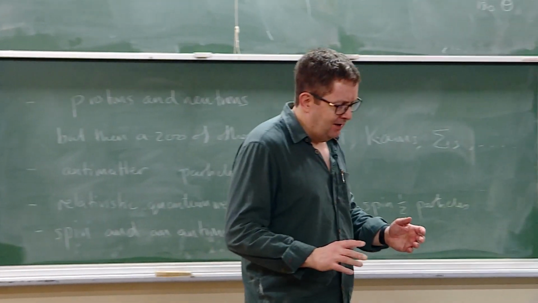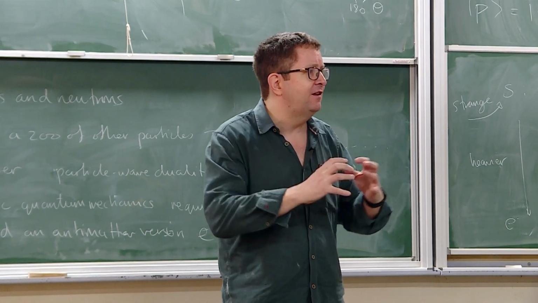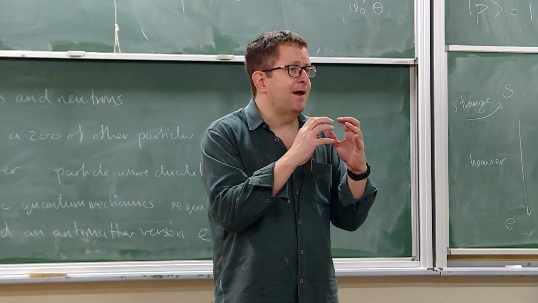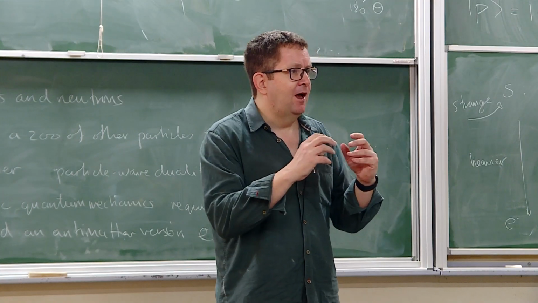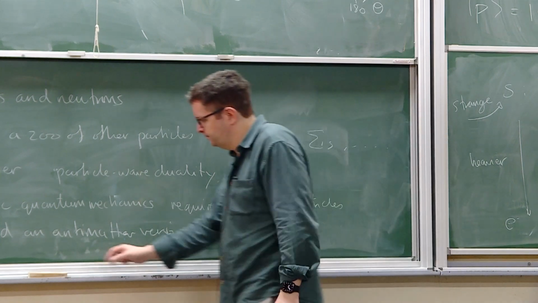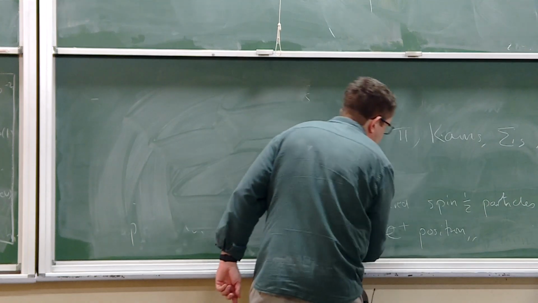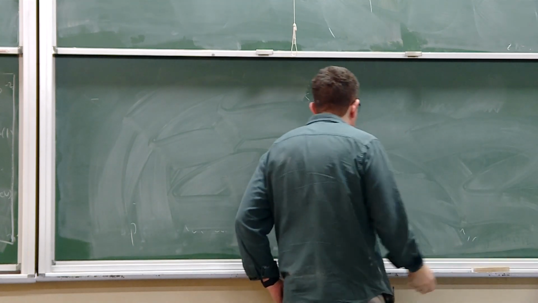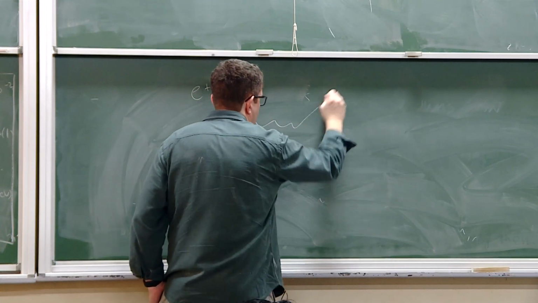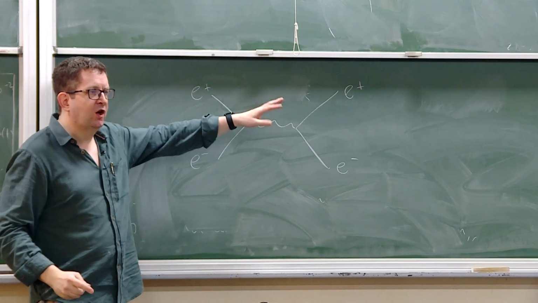In the early universe, all the energy of the universe was confined to a very small region, and that means it was very hot. So you were creating and annihilating pairs of particles all the time.